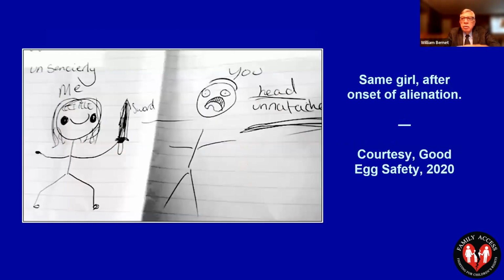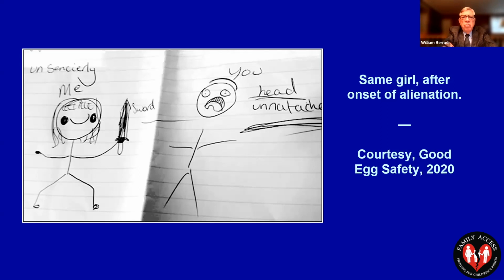Here's the same little girl, and you can see she's holding a sword, which is bloody, and she's saying, unsincerely, me. And there she is. And the dad has been decapitated. That this little girl has murdered the dad by cutting off his head. And she's saying, you, head unattached.